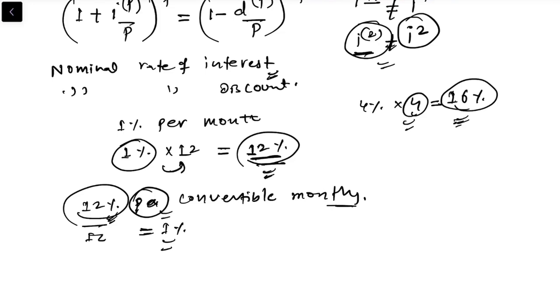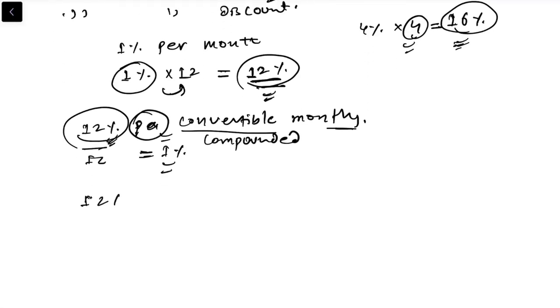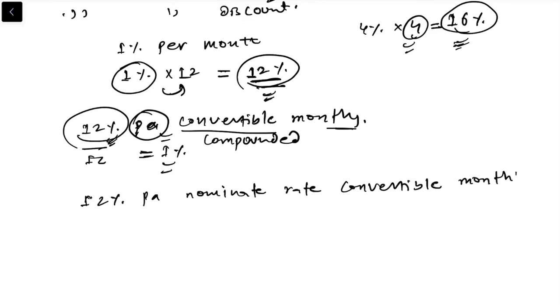Okay, and you always see wordings like convertible or compounded, or you may see 12% per annum nominal rate convertible monthly. So these are a few wordings that are often used for the nominal rates.